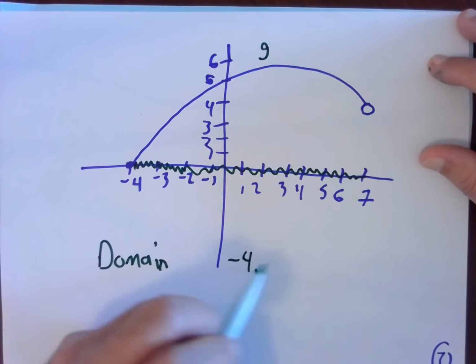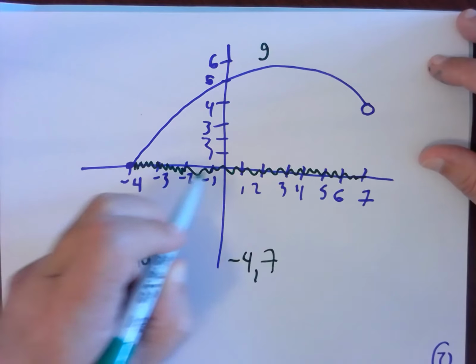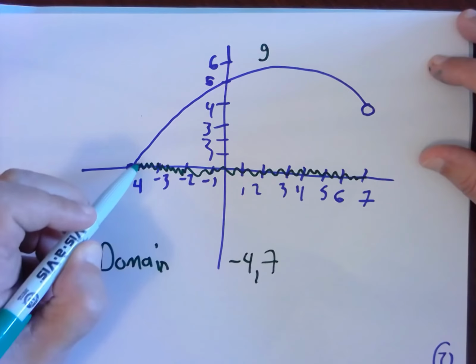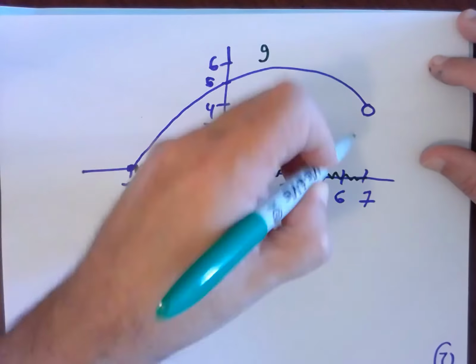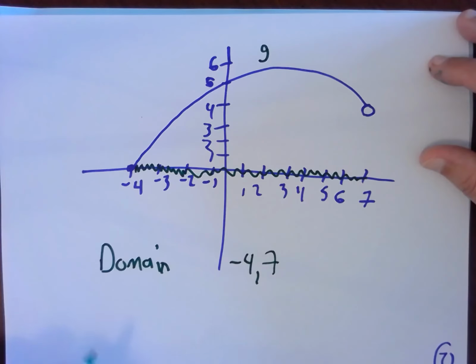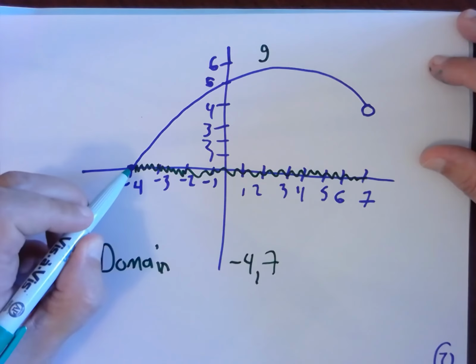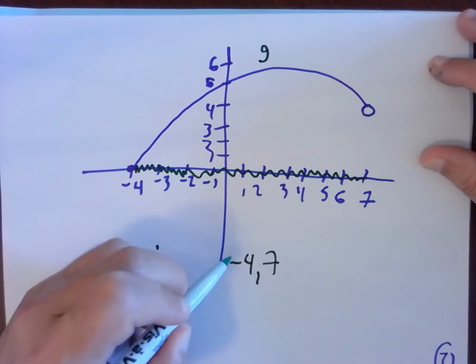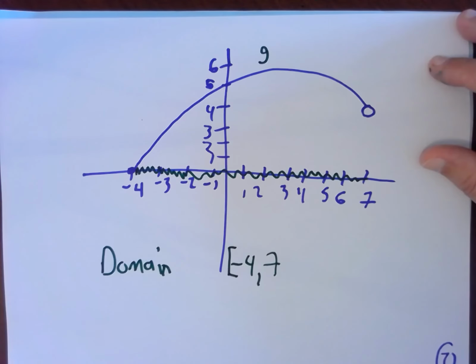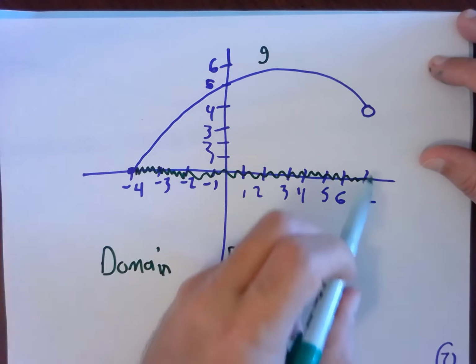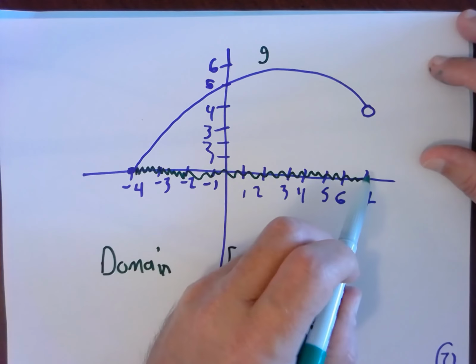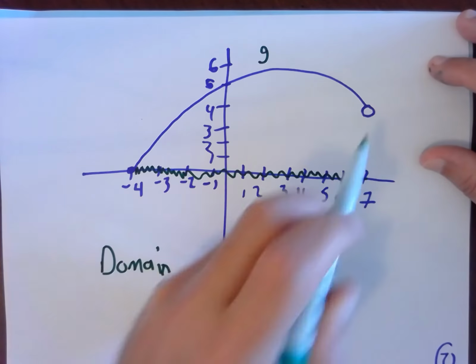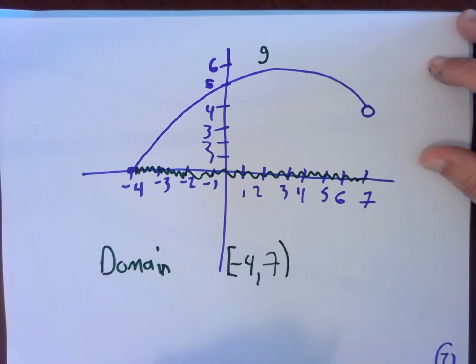The largest is 7. And I use everything in between. Every one of these x values has some graph above or below. Okay, do I actually use the -4? Yes, I have a solid dot here. So I get a square bracket on the -4. Do I actually use the 7? No, I have an open circle here. Open circle goes with the parenthesis.